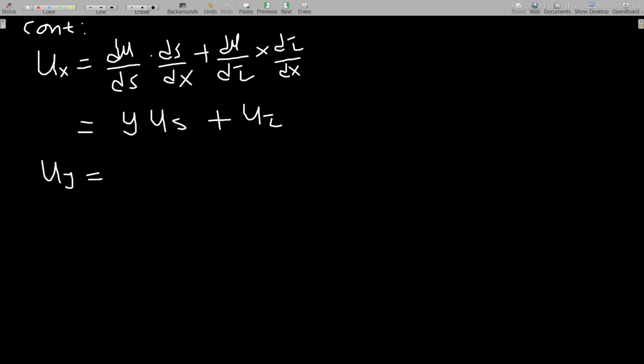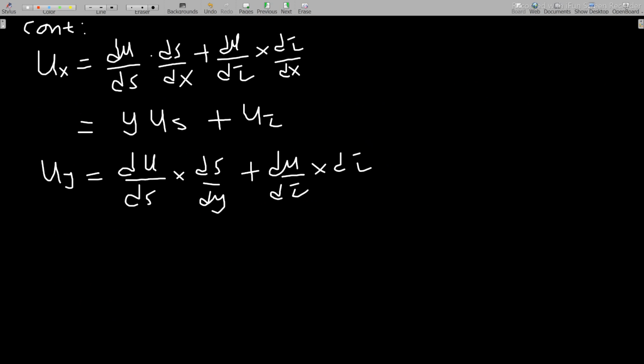And my uy would actually be equal to du ds times ds dy plus du d tau times d tau dy, and now this will also give me ds dy is actually x, then us, and d tau dy is 0 since tau does not depend on y. So I have that. This is my ux, this is my uy.